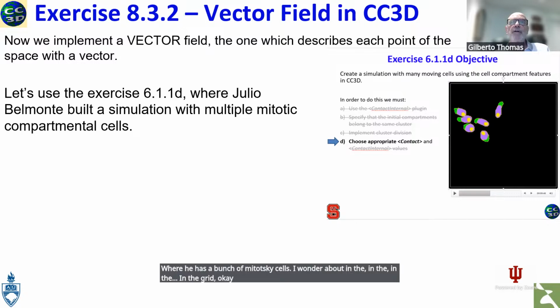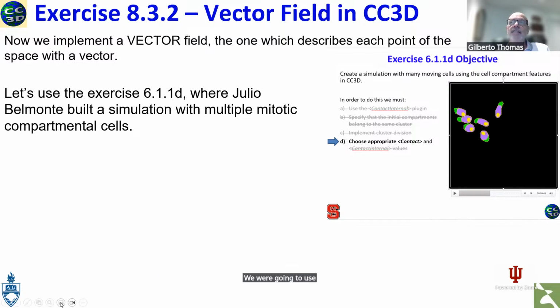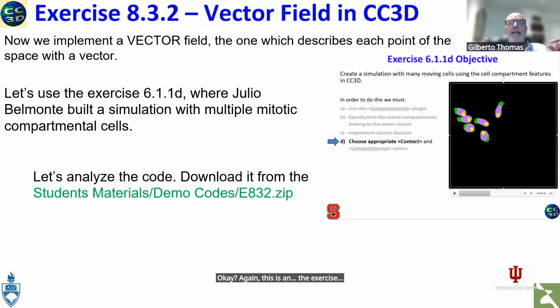We are going to use this exercise to attribute to each cell a vector, which will describe the velocity of each cell. Again, this is in the exercise E832 in the student's materials.